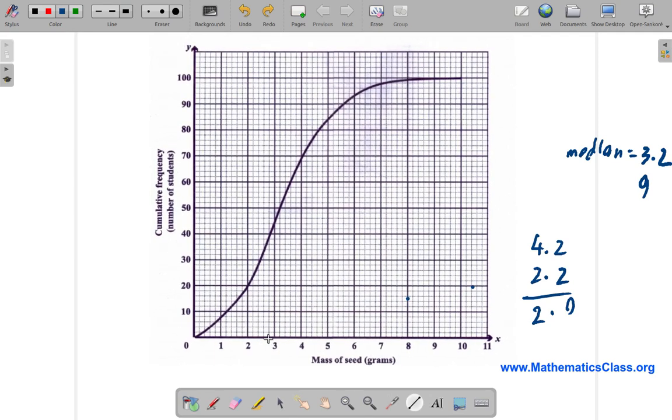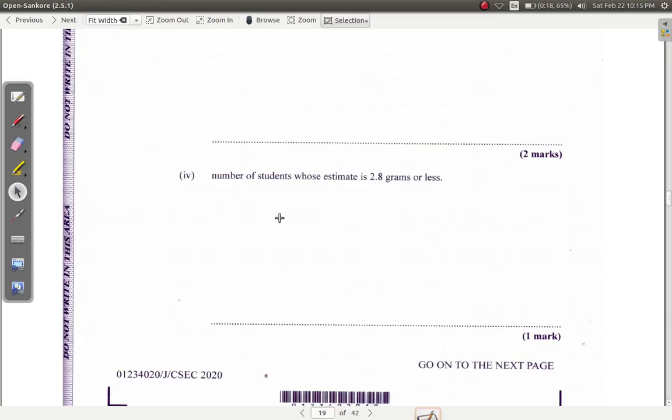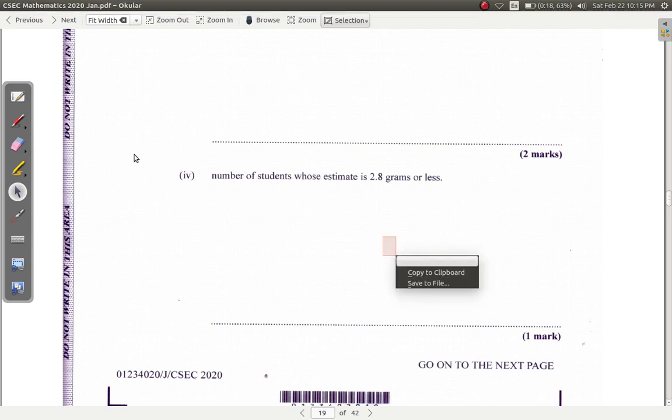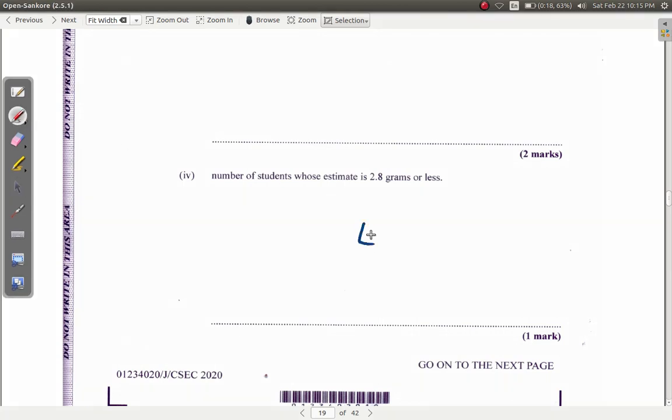So we draw our line going up to the curve, then across. So you have up to 40. Number of students whose estimate is 2.8 grams or less. In this case, you have 40 students.